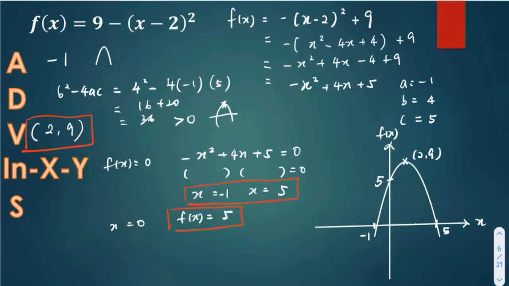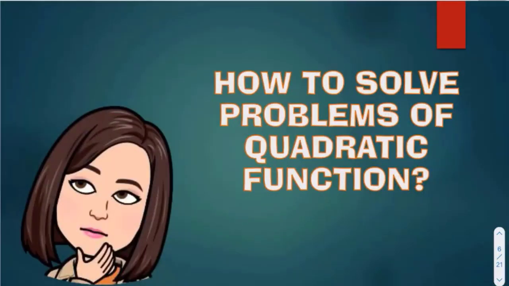From what I observe, some of you still cannot master how to sketch the graph of a quadratic function yet. Many are still blur and don't know how to sketch quadratic graphs. Agree or not? This is very important, sketching graphs of quadratic functions.